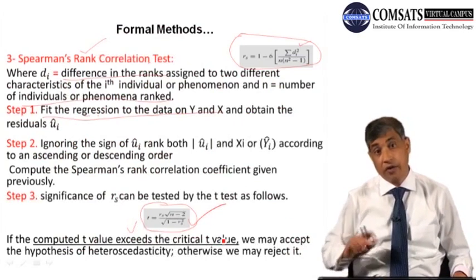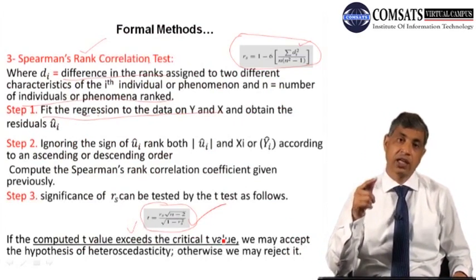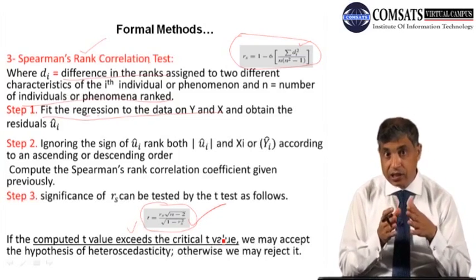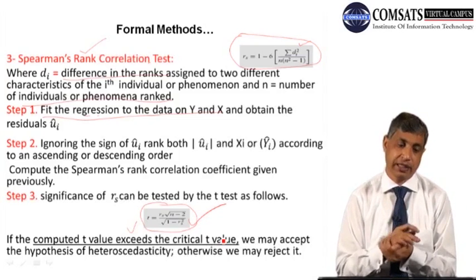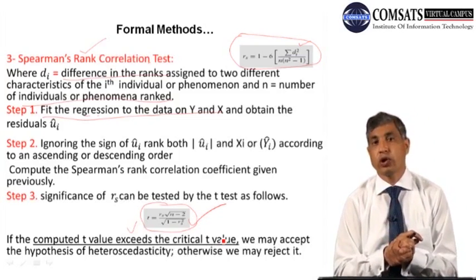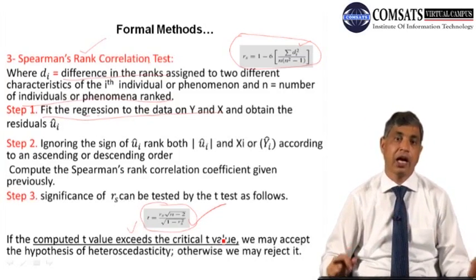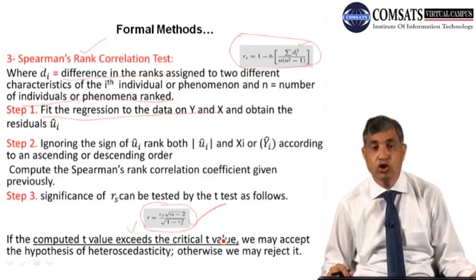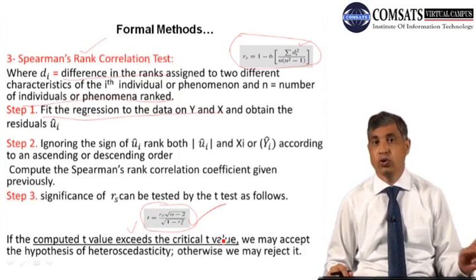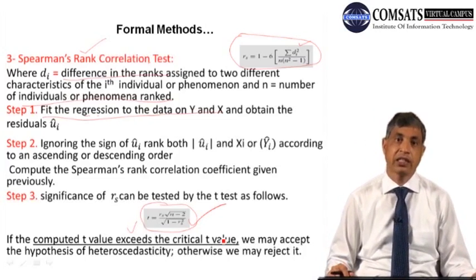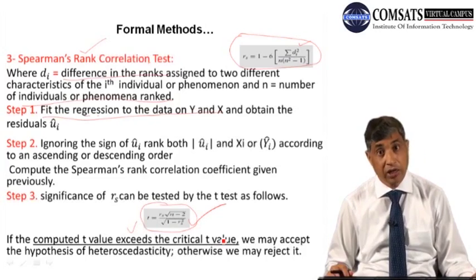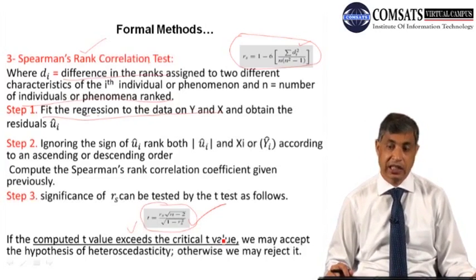What this means: our null hypothesis was again the same. In other tests there may be a change in the null hypothesis, but in Spearman rank correlation we again take the null hypothesis that there is no heteroscedasticity, and we reject the null hypothesis when our T calculated is greater than T tabulated.